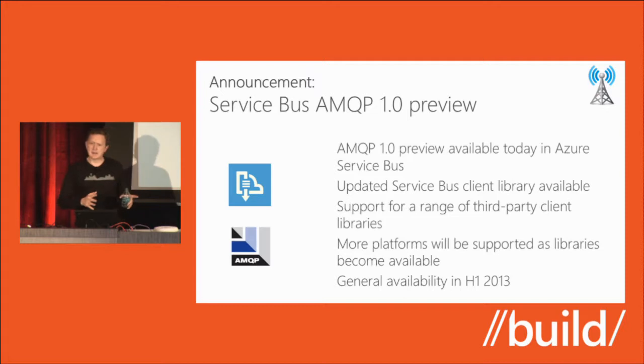So that's the standard. So in other news, other big news, we're also announcing today that Service Bus now supports AMQP 1.0. So we have a preview. You can go to NuGet, and if you look for servicebus.preview, you'll find the package. That package includes an updated client library, so that's an updated version of our .NET client that speaks AMQP.